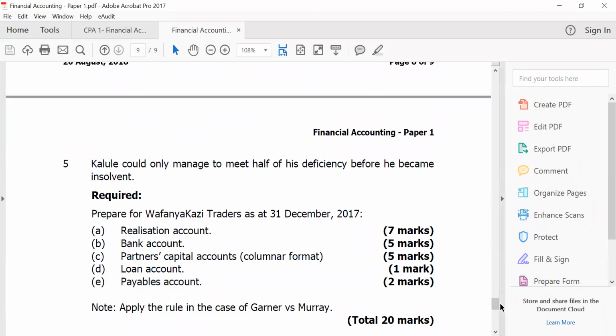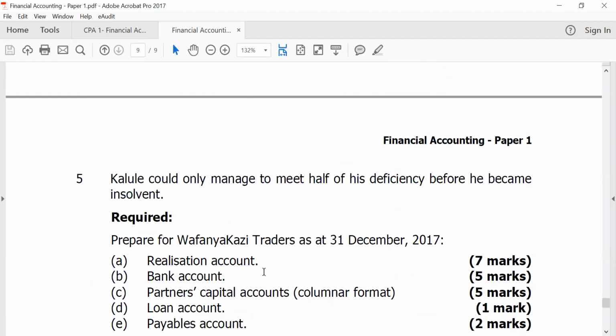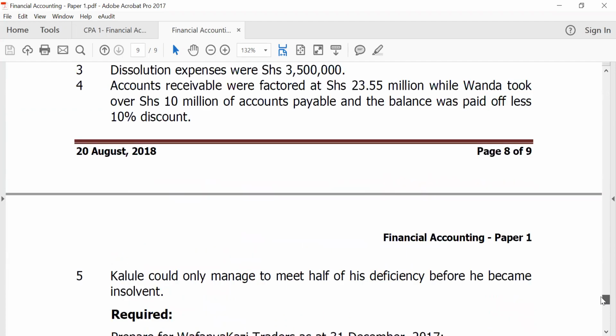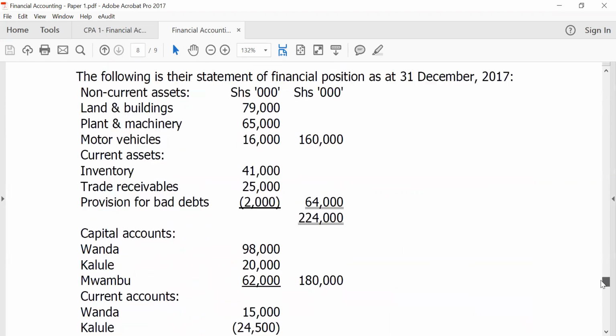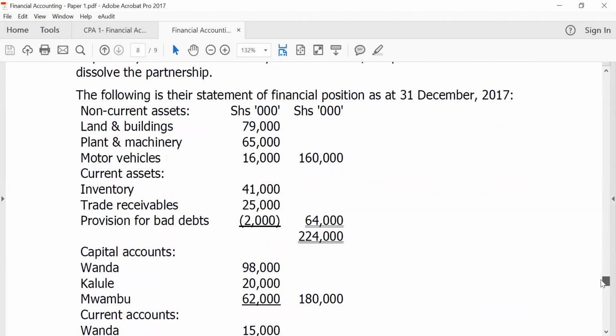So as we can see, the realization account only comes in when partners are closing off, winding up their partnership. I usually call it more of a disposal account, like a partnership disposal account where we basically dispose of our assets and look at other details of the winding up.